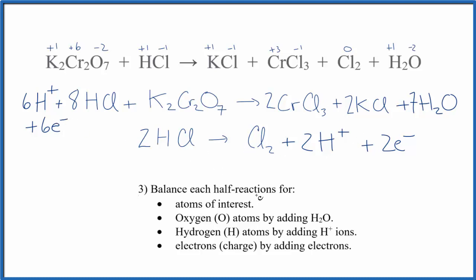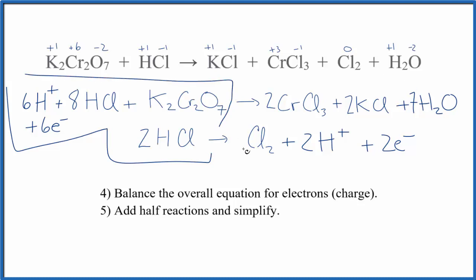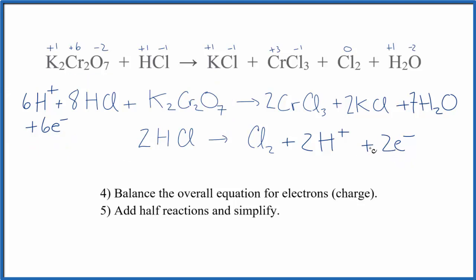So that's fairly challenging to do. At this point, what we need to do is balance the overall charge. Think of it this way. These are all the reactants, and these are all the products. But we have 6 electrons here in the reactants and only 2 in the products. That's not balanced, and with redox, we want to balance the charge as well as the atoms.